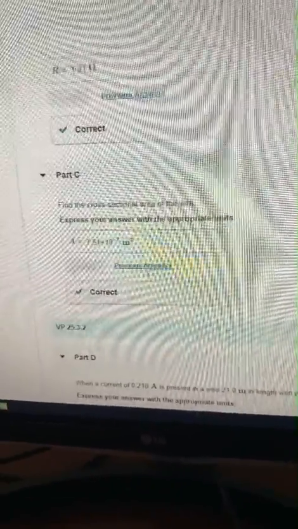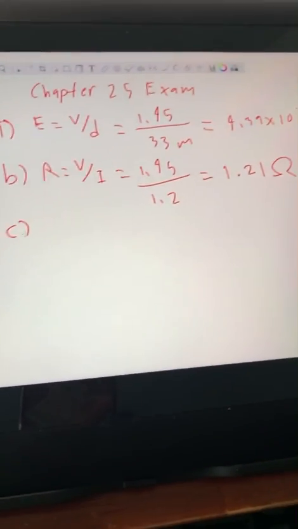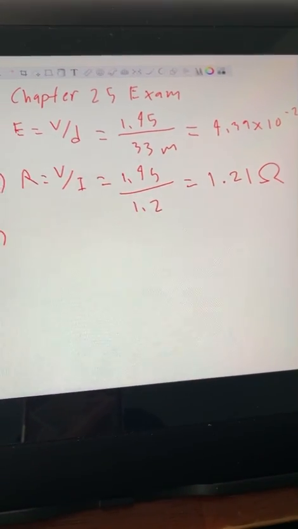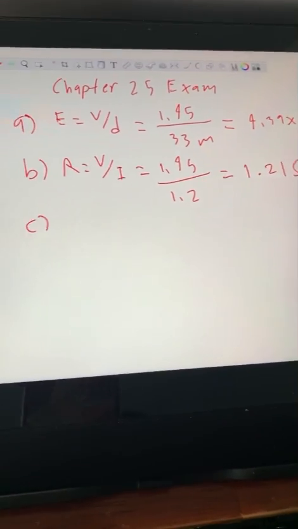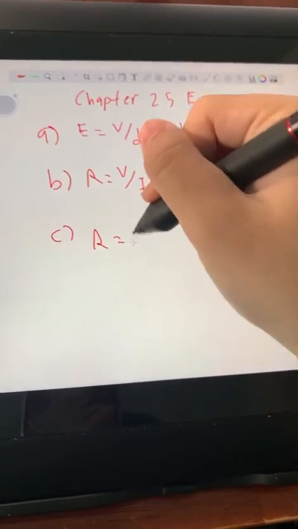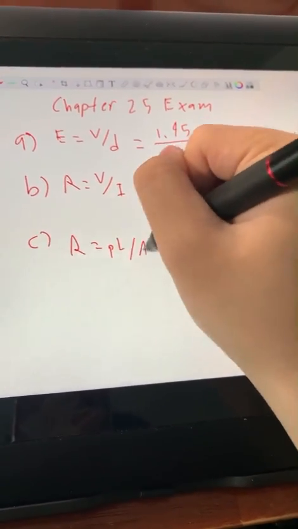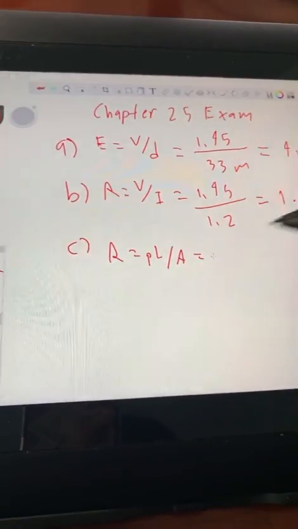So for part C, it wants us to find the cross-sectional area of the wire. The equation that we would use would be R equals rho L divided by A. And since we have all these values, we can fill in the equation.